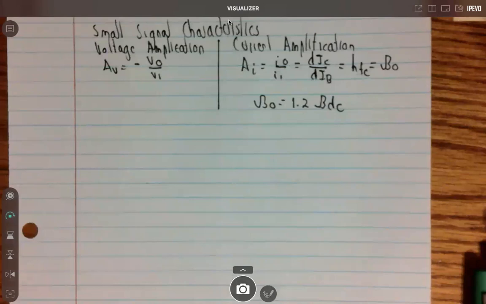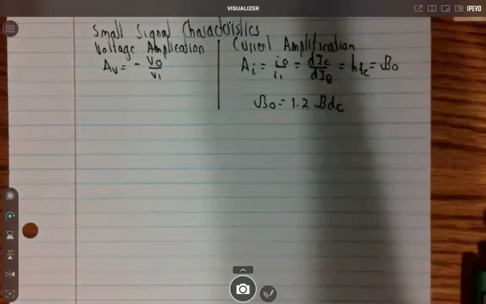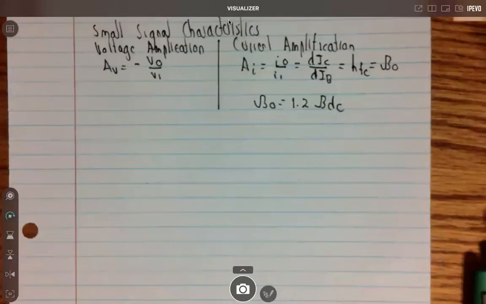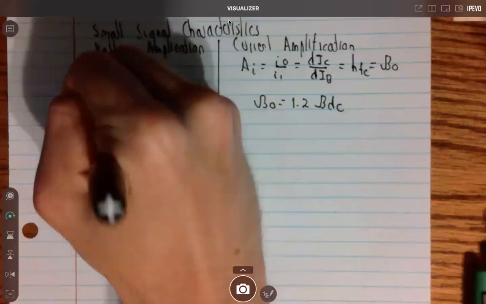Now that we talked about that, why do we use the hybrid pi model? Why is it useful? And what do we need to know about it? So the hybrid pi model basically gives us the most voltage gain.